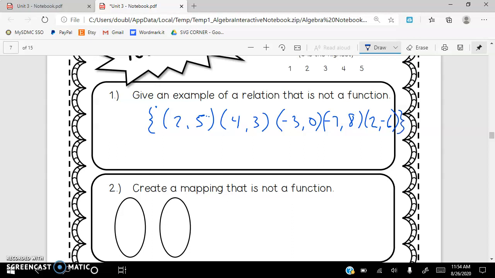Okay, so here's my ordered pairs. So remember, I write my X and Y on all of them. I do that for graphing reasons and also to figure out if it's a function.